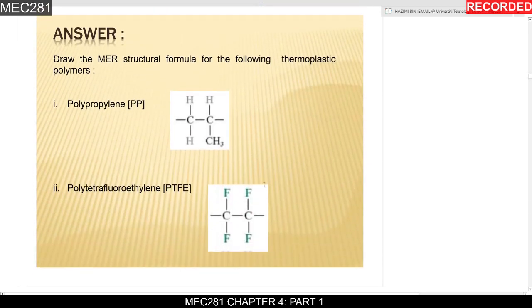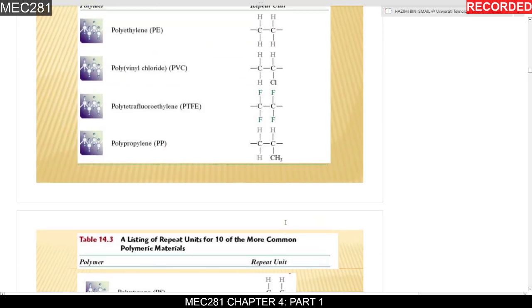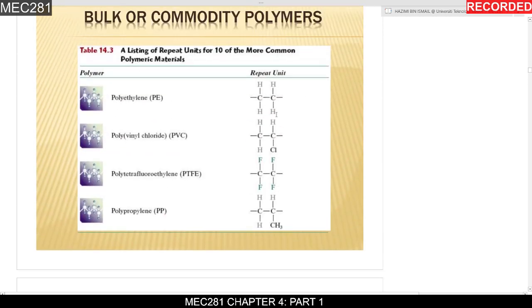The example is shown in these slides. If you do not have these slides in your notes, just write them down. But this is just a straightforward question. You just write down from the example in this table here. Polyethylene, just write down the structure.